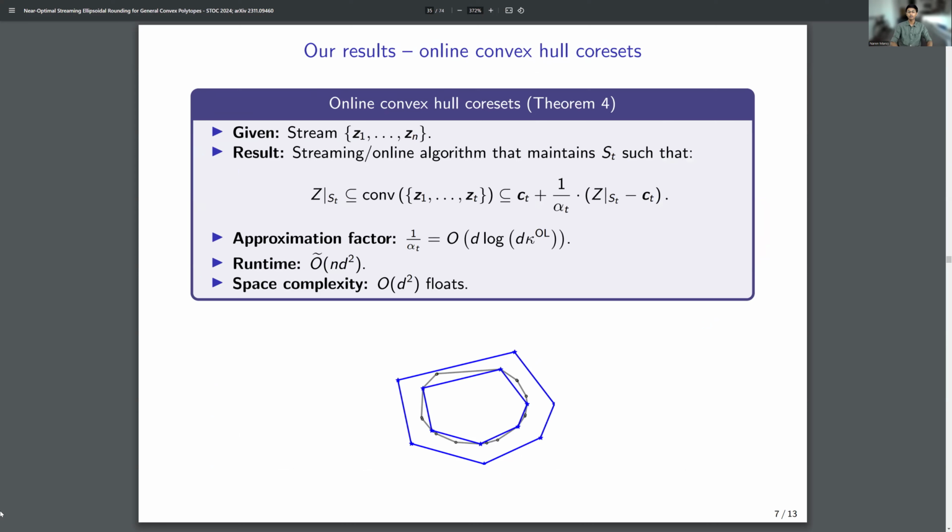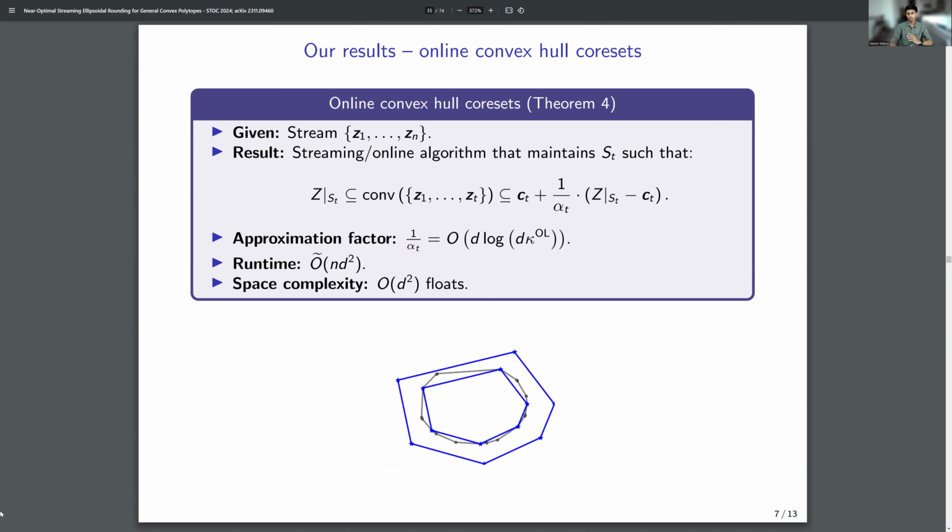And then for the online convex hull core set problem, we get analogous results. As usual, we're given streaming access to Z1 through Zn. And the result that we get is a streaming online algorithm that maintains a set ST such that at every time step t, we maintain this approximation guarantee. So we maintain a CT, an ST, and an alpha t such that this guarantee always holds.